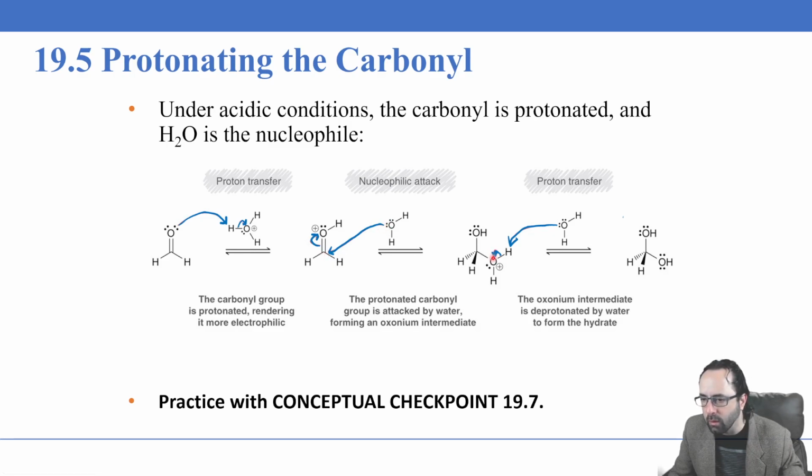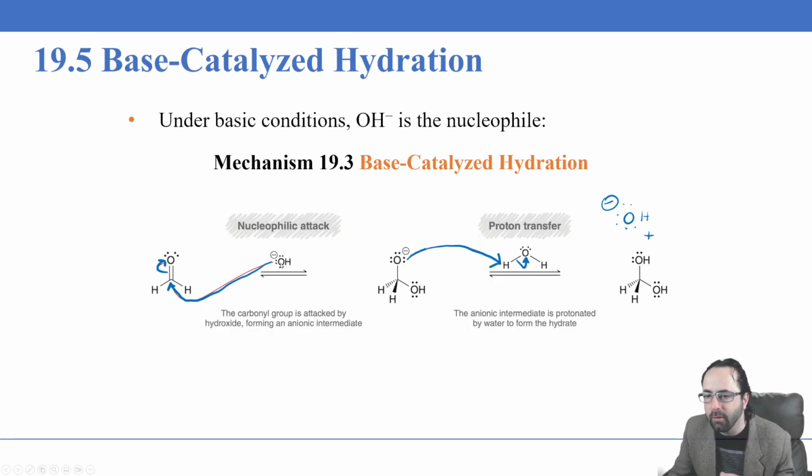We're not going to have any base during this whole thing here. Then we have the nucleophilic attack, and finally we get the hydronium back. And so we say it's catalyzed by the acid, by the hydronium. In no situation do we have a base. We don't even have anything negative, right? And likewise, when we have the basic mechanism, it starts by the nucleophilic attack of the strong nucleophile, strong base, the hydroxide.